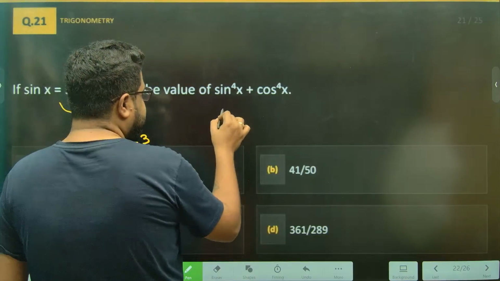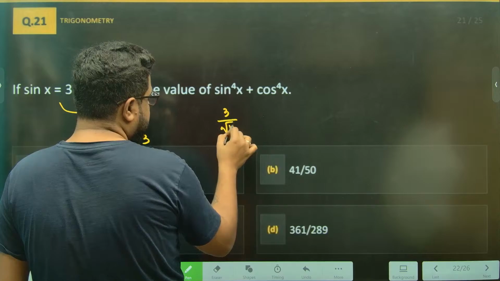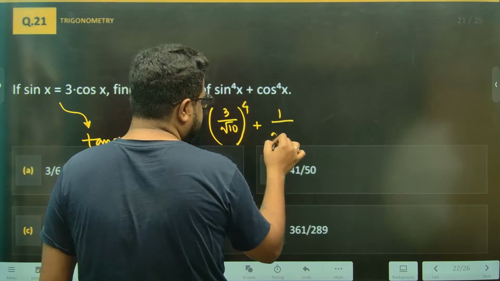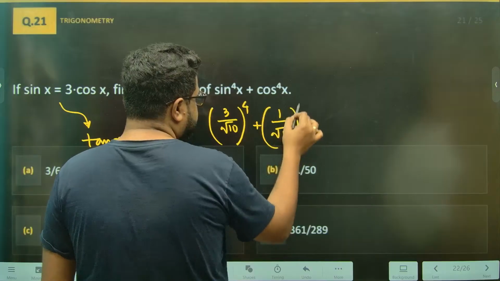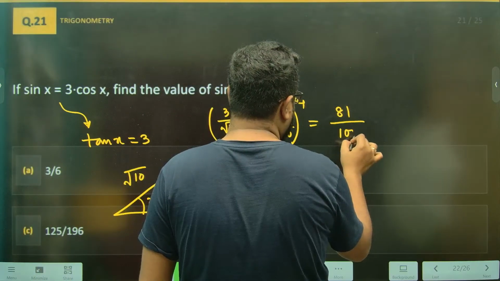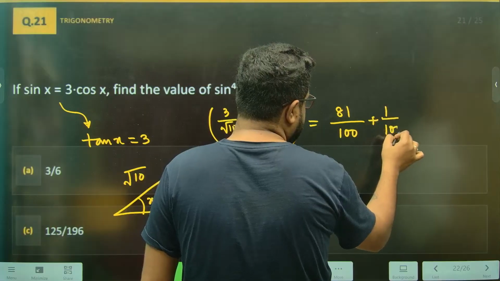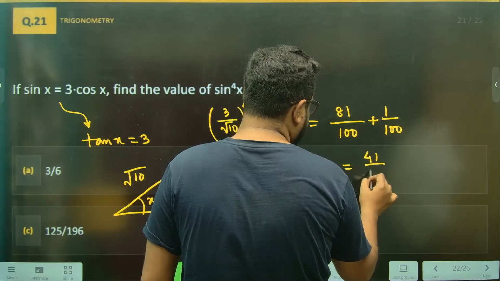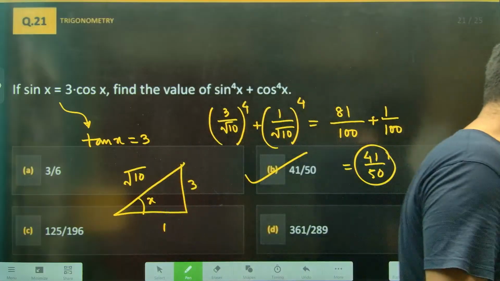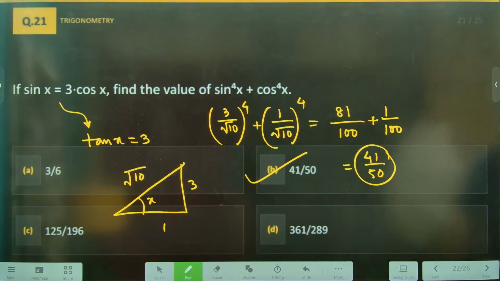So sine will be 3 by root 10 whole to the power 4 plus cos will be, sir, 1 by root 10 whole to the power 4. 3 to the power 4 will be 81 by 100 plus 1 by 100. So 41 by 50 is the correct answer, sir. Option number B is your correct answer. Clear, sir? Simple question.